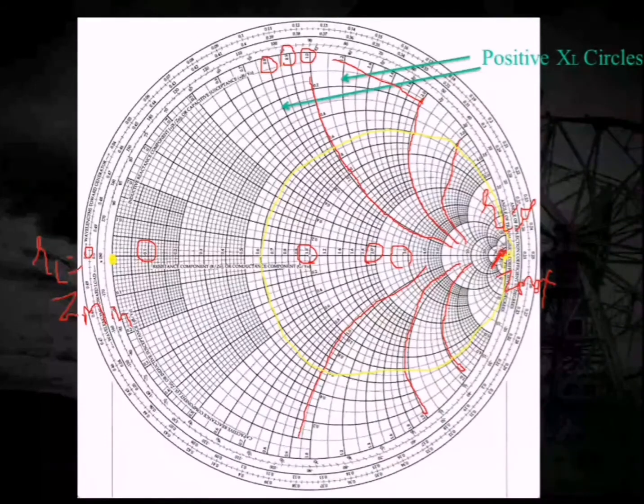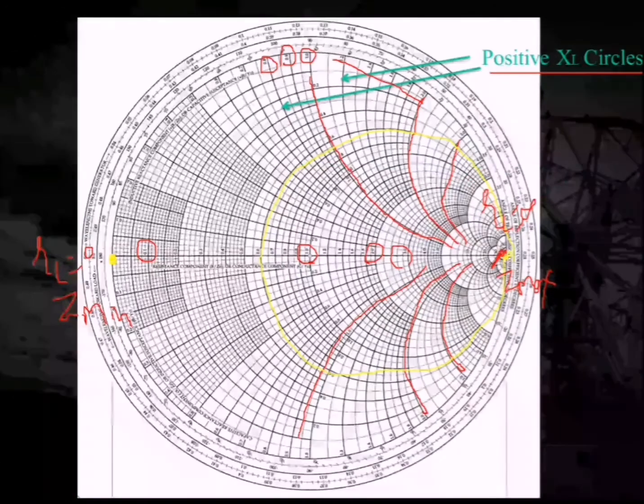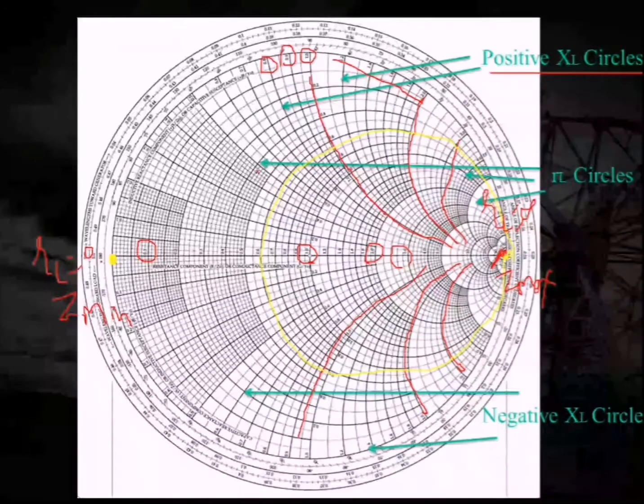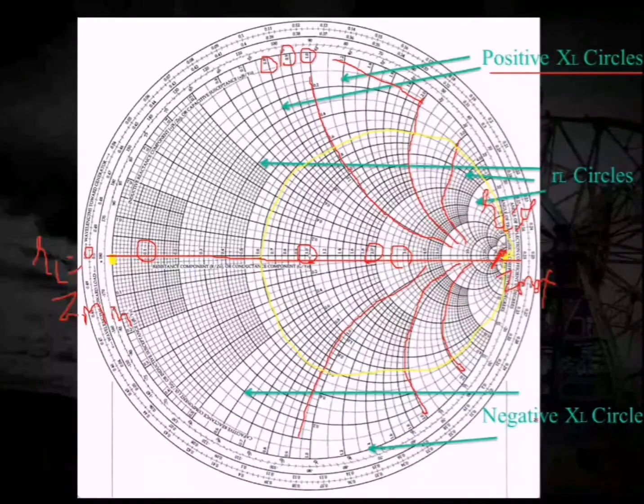Now, as I have already explained, these circles denoted by these arrows are nothing but the positive XL circles, and these are the RL circles. RL circles are always positive, and in the lower half, below this bottom line, we will obtain the negative XL circles.